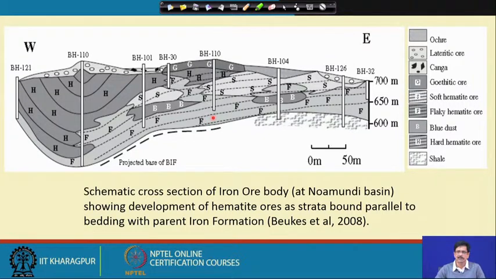And even the enrichment process, which we also discussed during our discussion on the residual concentration process, we saw that rich iron ore deposits can come into existence after they are subjected to such enrichment process, which could be even very late in the geologic history, almost in the Cenozoic time.